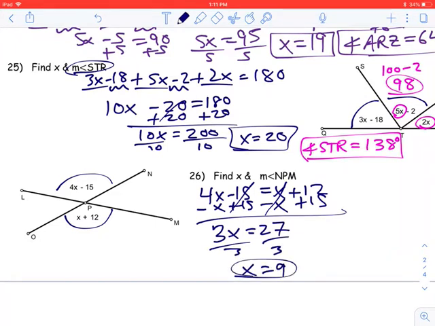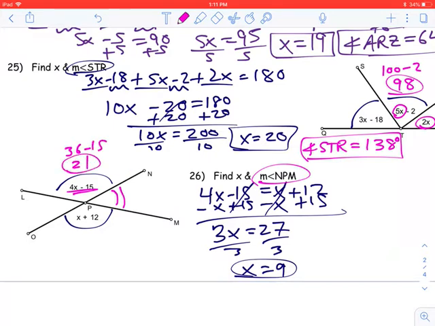Now, when you plug in 9, look at what we're looking for, NPM. I don't know what NPM is, but what I do know is these two together make 180. So I need to find this one first. So 9 times 4 is 36 minus 15, which is going to be 21.